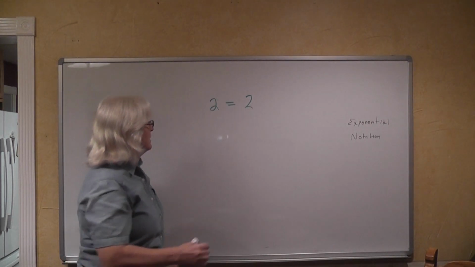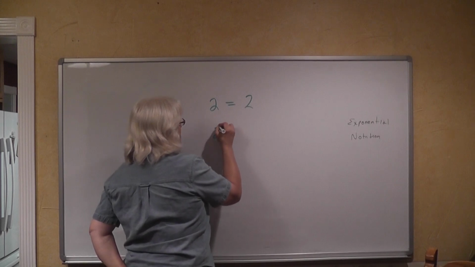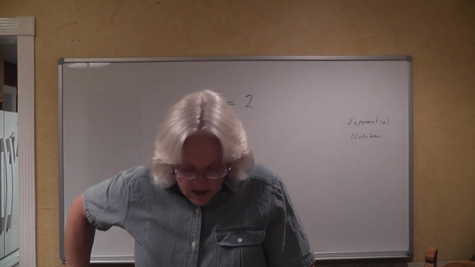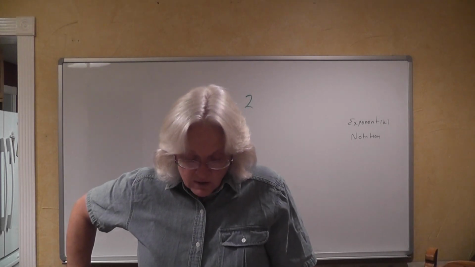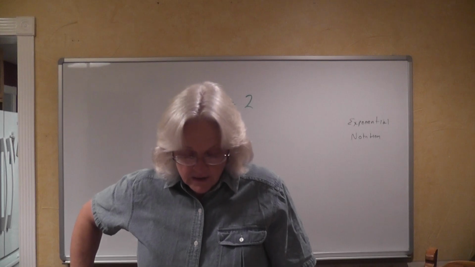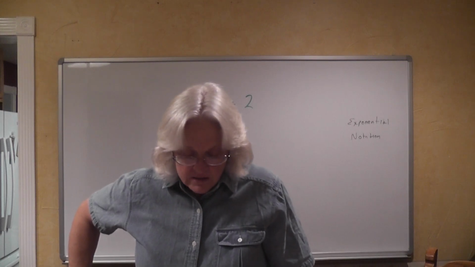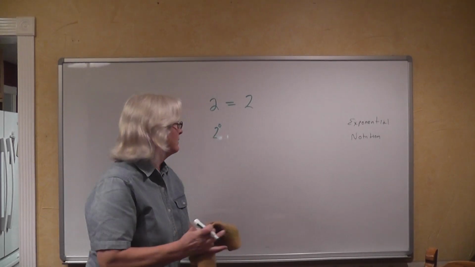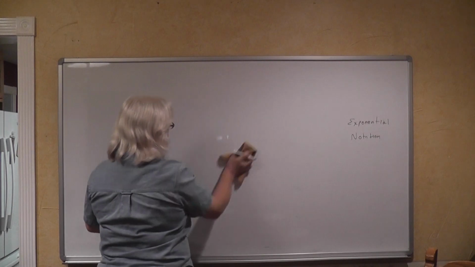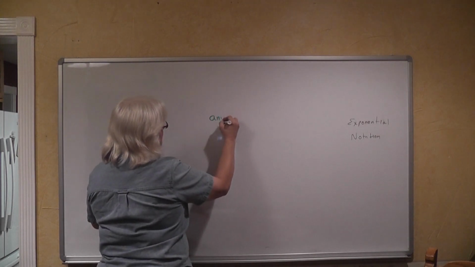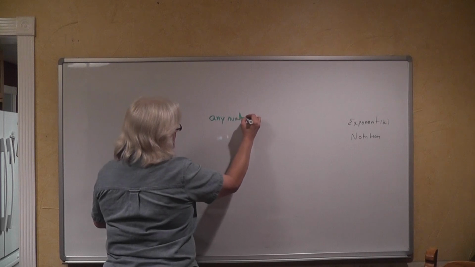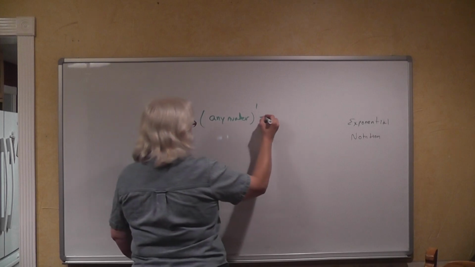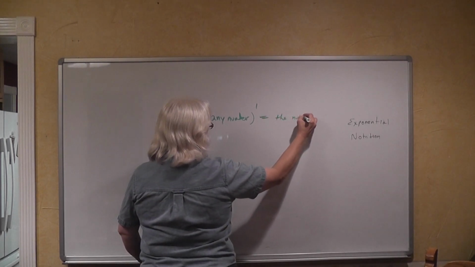And then we can have 2 to the 0. And we have a definition here. In the middle of the page, it says for every number n, n to the first is n. Okay, that sounds like a foreign language. All they're telling you is that any number to the first power is just going to be the number.